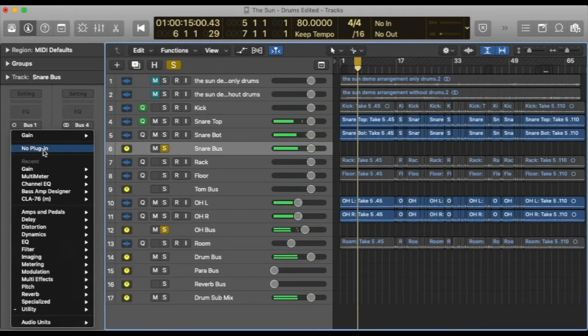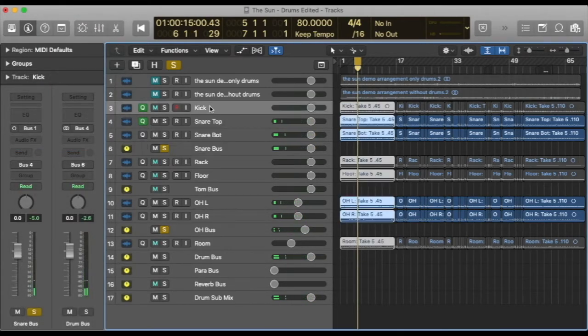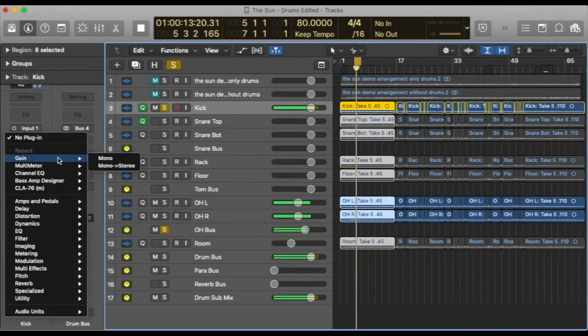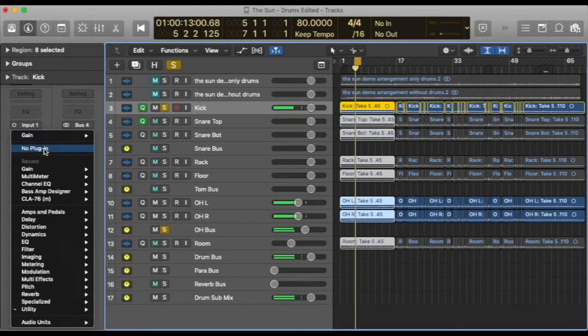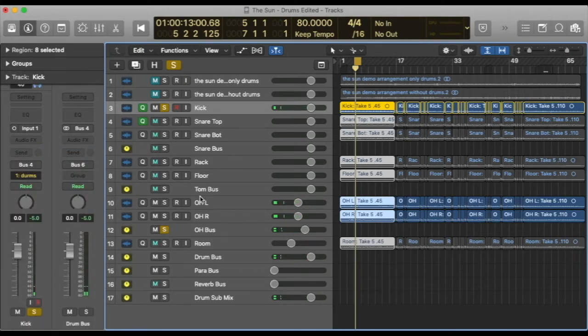Next on the list would be to check the kick drum. And again, we don't need to have our polarity inverted.